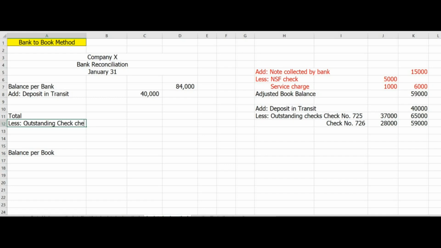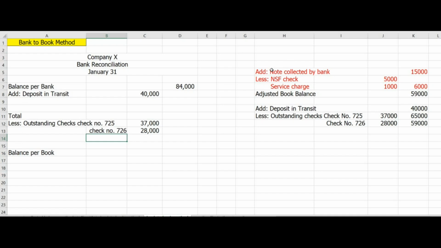Check number, so, ang check number natin ay 725. So, the amount there is 37,000 for the 726. That's 726. Okay?